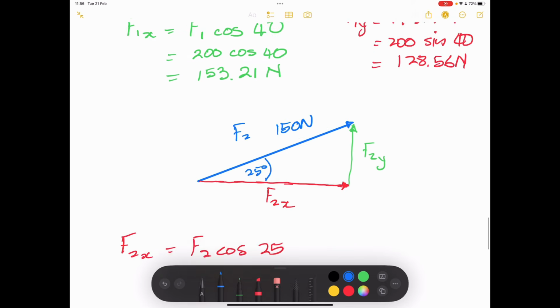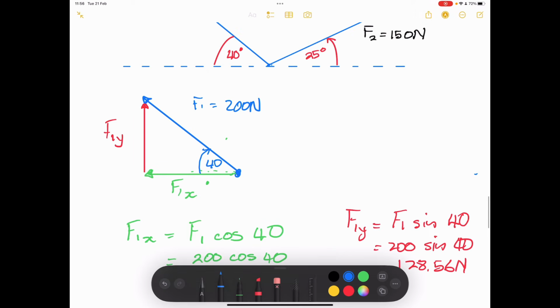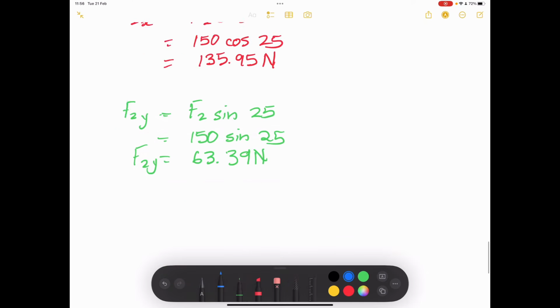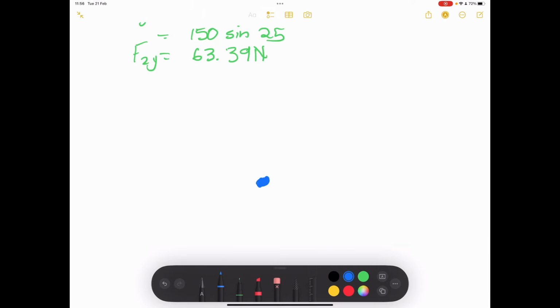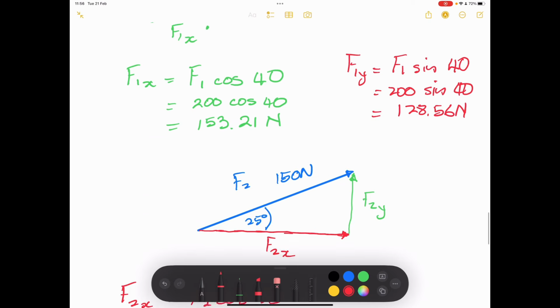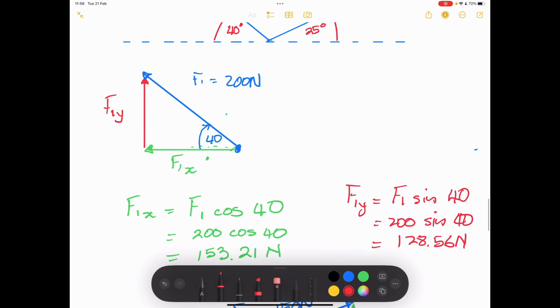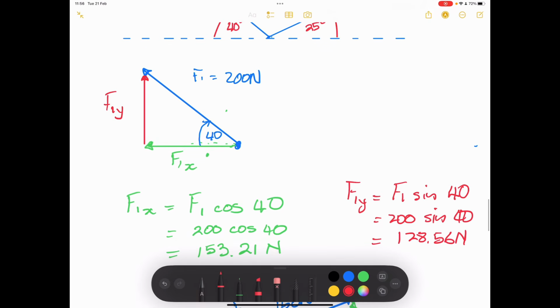So instead of drawing that F1 in blue, I'm going to draw the red and the green. So I know that I've got a force that is going vertically up. I had drawn it in red. I said that's the force that's going up. That's F1y.